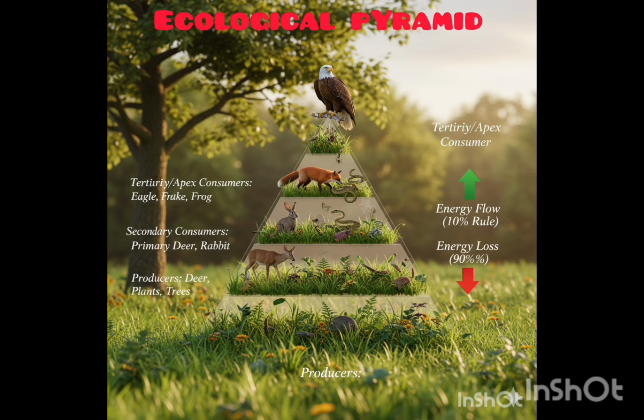If we carefully observe it, we can see that the number of producers is far more than the number of primary, secondary and tertiary consumers. The lowest number of organisms are decomposers. So the organisms present at the bottom portion of the pyramid are much higher in number, and the organisms present at the topmost level are low.